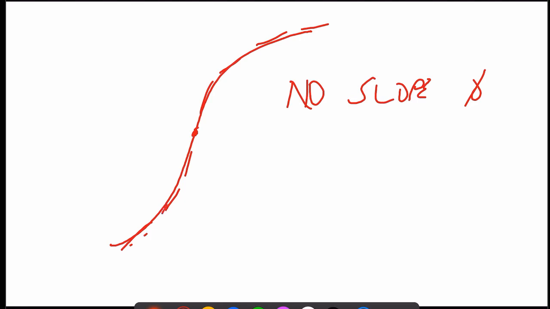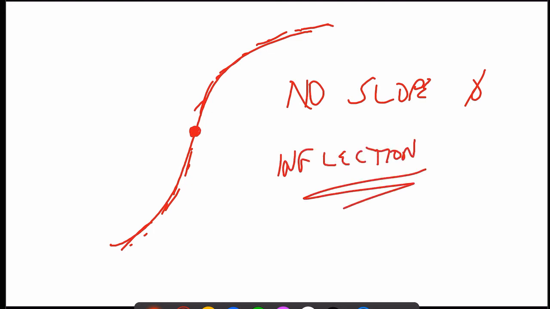The slope is getting larger. The change in the slope is positive. Then the change in the slope is negative. That's also an inflection point. But it doesn't have a slope of 0 when we go through there. Okay? How exciting is that?